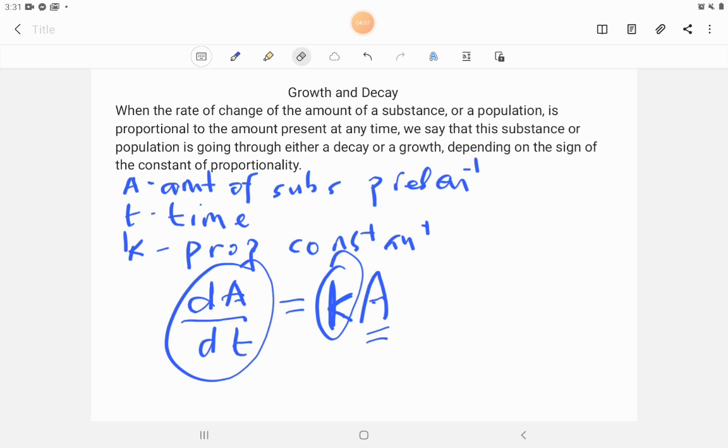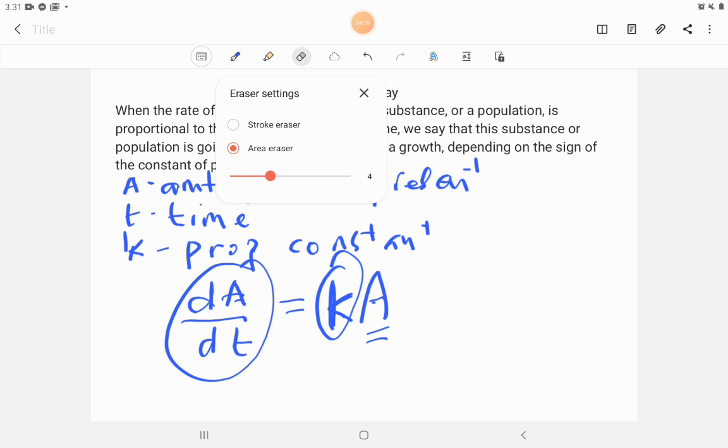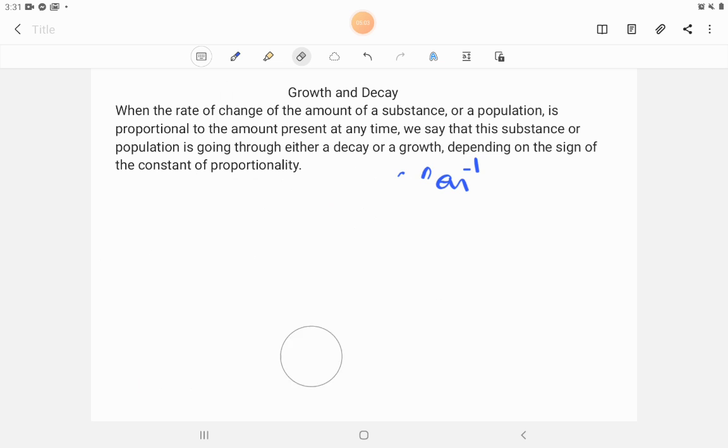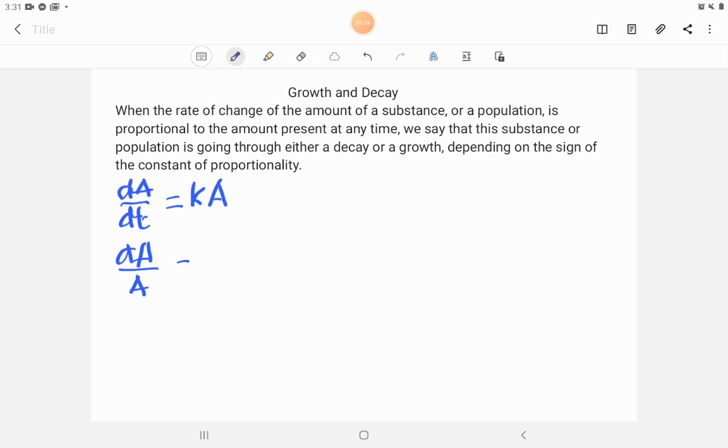Okay, so let me erase this first. And then we will start with our derivation for the law of growth and decay. So we start with dA over dt, the rate of change of a substance, is directly proportional to the amount of substance present. Then we have dA over A equals k dt.